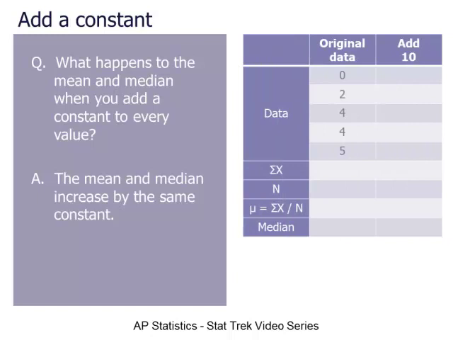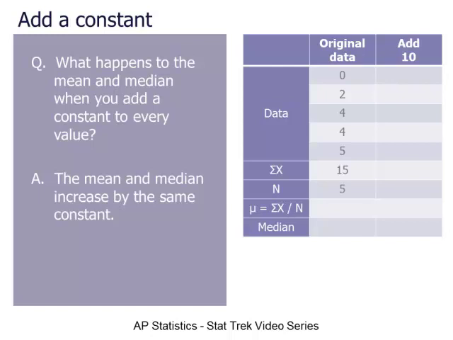In this example, the original data set consists of 5 values: 0, 2, 4, 4, and 5. To compute the mean, we need to compute sigma x, the sum of all values in the data set. Sigma x is 0 plus 2 plus 4 plus 4 plus 5, which equals 15. We also need to know the number of observations in the data set, which, in this case, is 5.